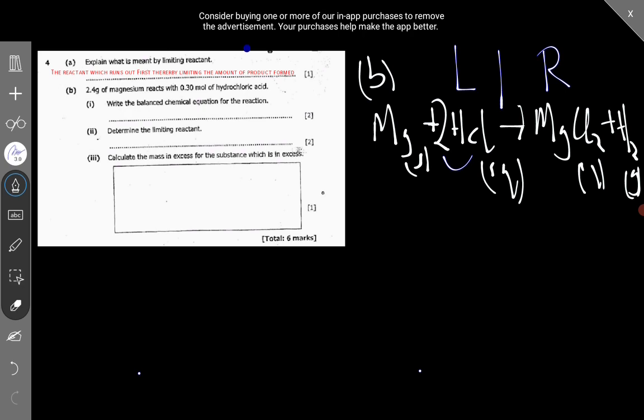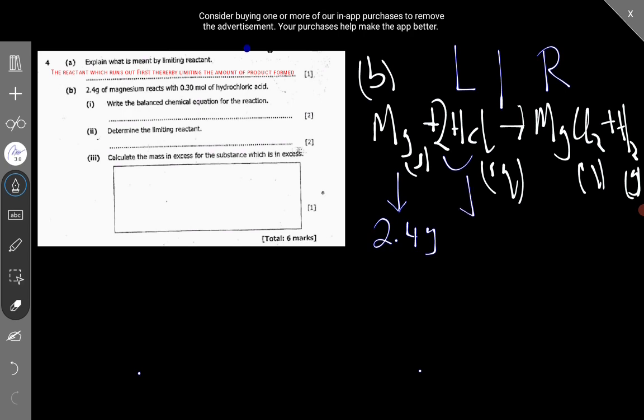Then determine the limiting reactant. For the limiting reactant, here is what you're going to do. Let's see what we've been told. We're told that magnesium is 2.4 grams, and it's reacting with hydrochloric acid.